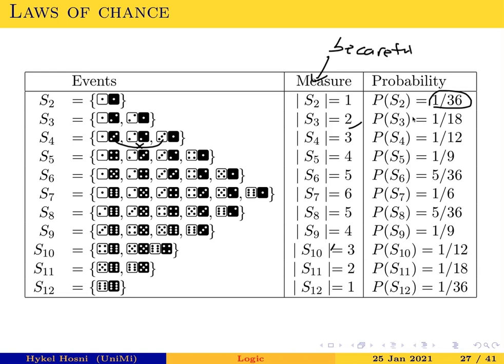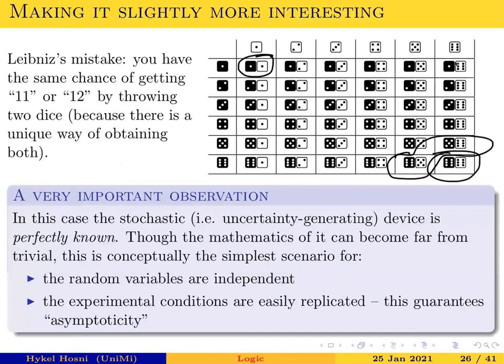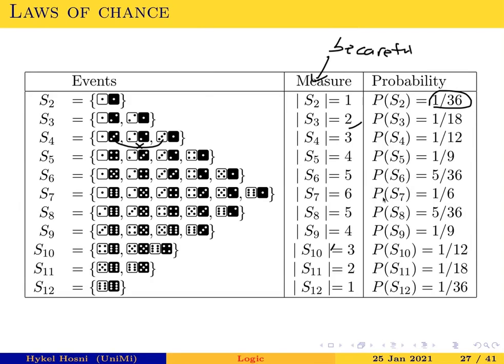Now, 36 is the number of elements in this inner part of the table. You can get it in exactly one way, so it's 1 over 36 possibilities. I assume this is all absolutely familiar to you. Of course, you just move along here.